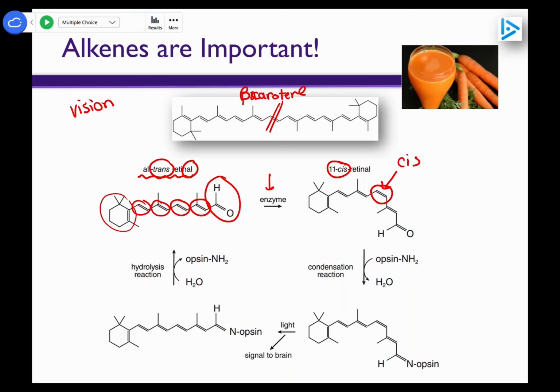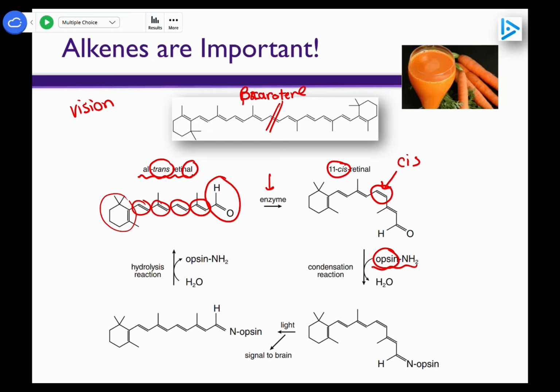Well, once we have the cis isomer, it's just the right shape to be able to combine with your opsin protein. And so there's a reaction that occurs that binds what was retinal onto your opsin protein. And now it's ready for your eyeballs, your retina, to detect light.